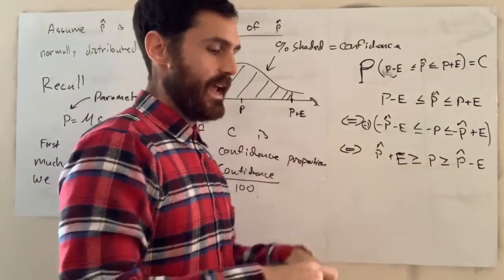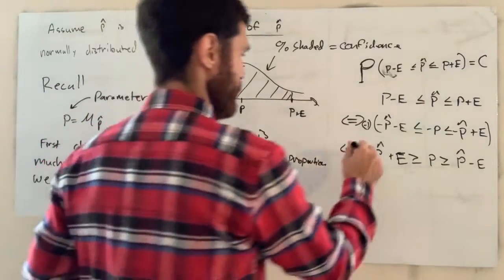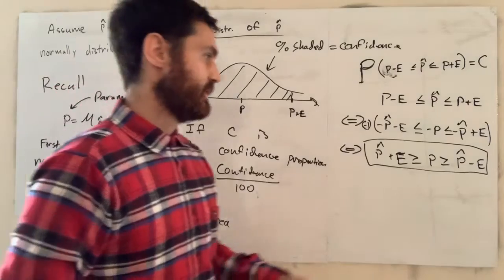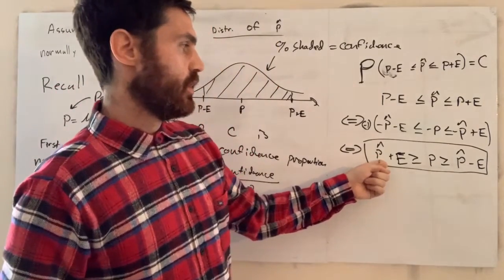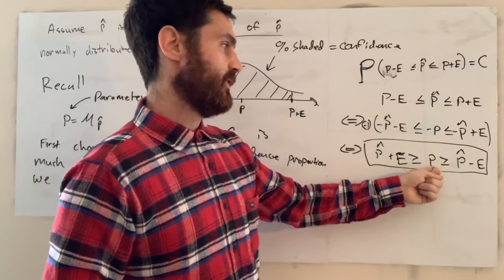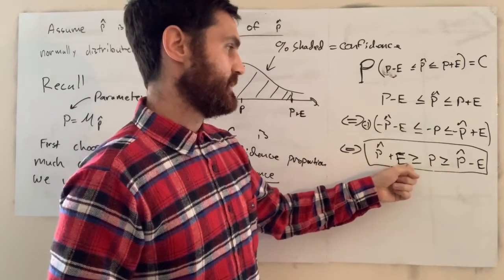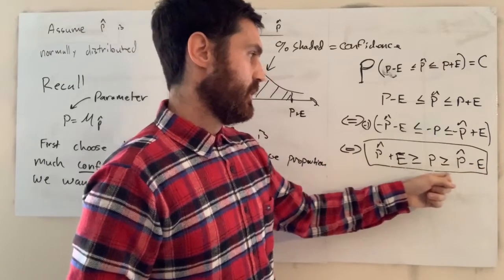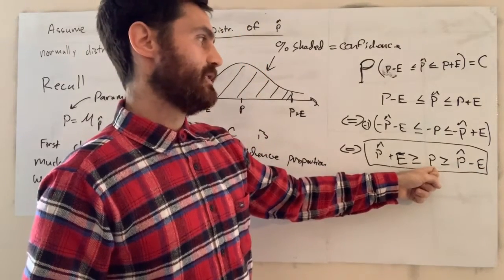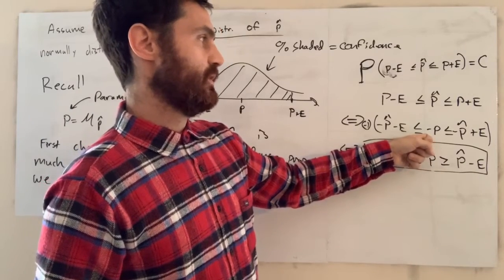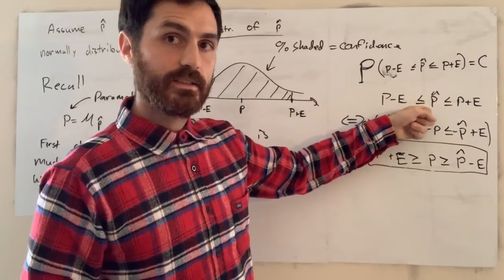But what is this saying? This now says that here you have your random variable, and you're saying that the random variable plus e, random variable minus e, p is going to live between that, is equivalent to this, is equivalent to this.